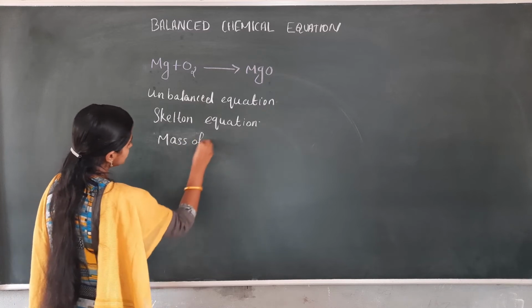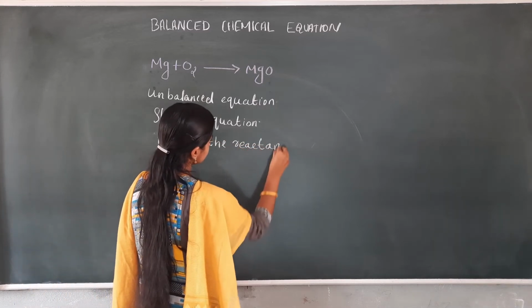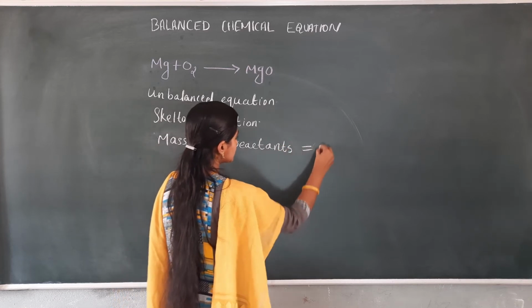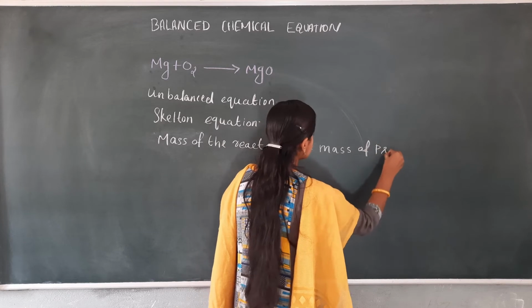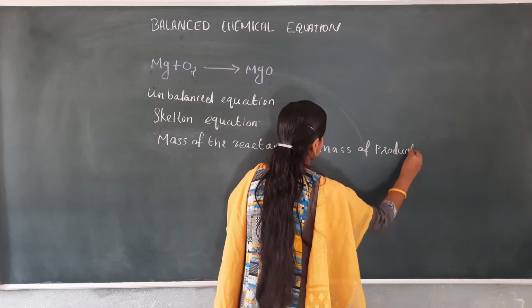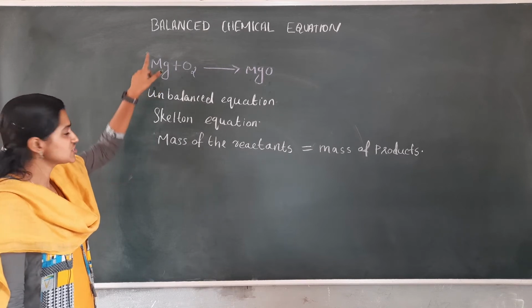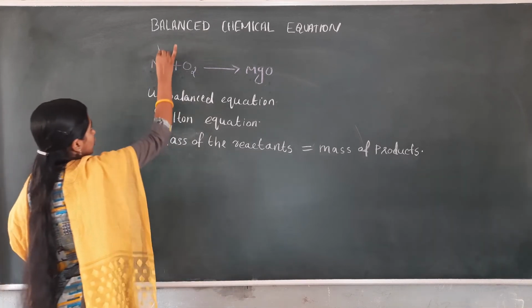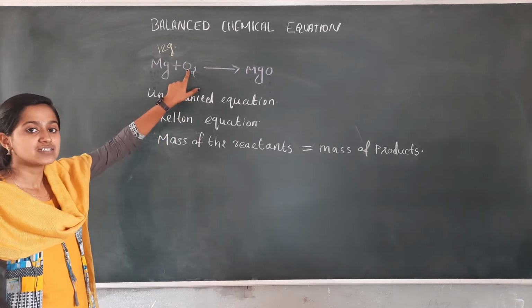That is, mass of the reactants is equal to mass of the products. Look at this equation. Magnesium has an atomic mass of 12 gram. 1 oxygen contributes 16 gram.